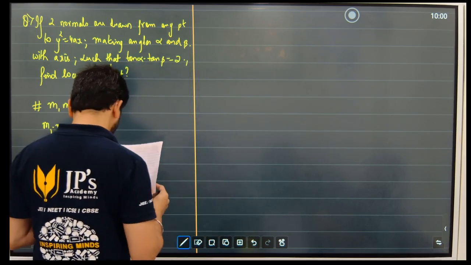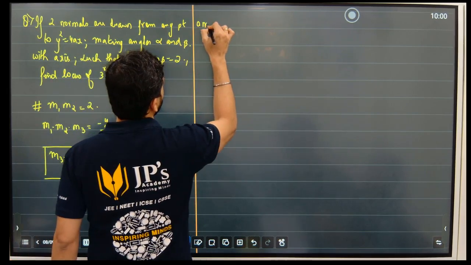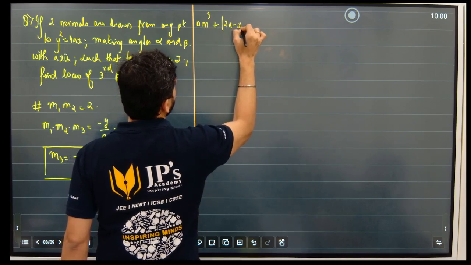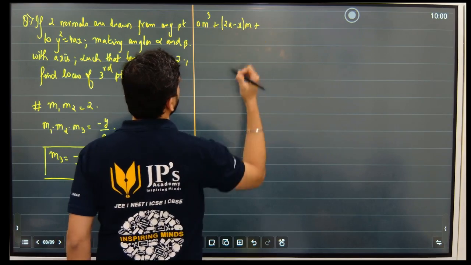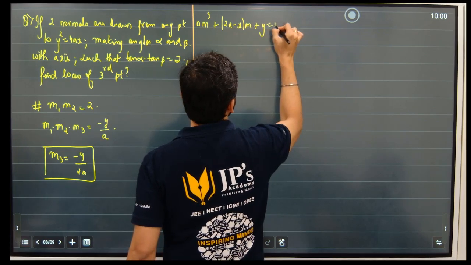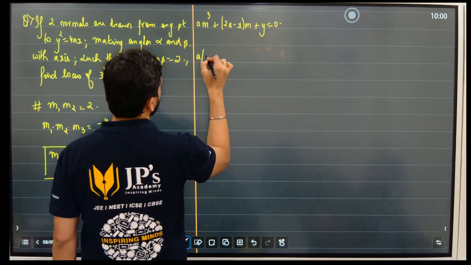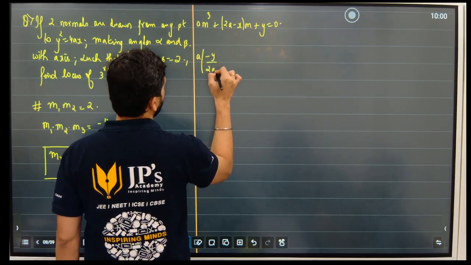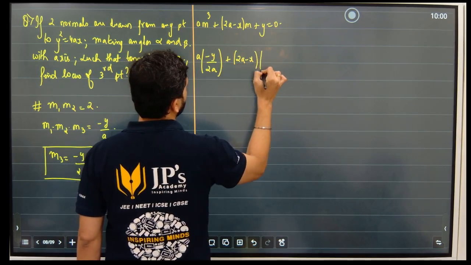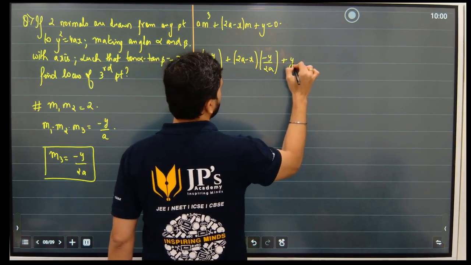Can anyone tell me what is the equation of normal? It is a m cube plus 2a minus x m plus constant is equal to 0. Now I have the value of m, so a into minus y by 2a cube plus 2a minus x into minus y by 2a plus y is equal to 0.